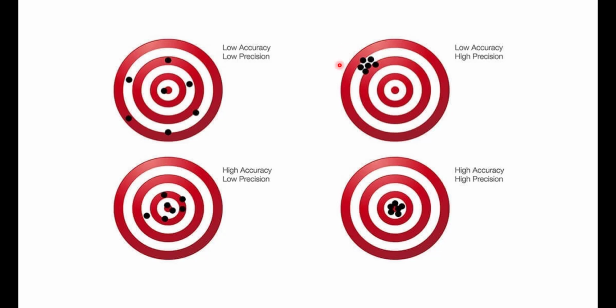In the second scenario, it has low accuracy as it is far from the target point but high precision because it is placed repeatedly at the same or a nearby point. In the third scenario, it has high accuracy but very low precision. Whereas in the last scenario, it has high accuracy and high precision. Normally, a hydraulic robot has low precision and accuracy compared to electric and pneumatic robots.